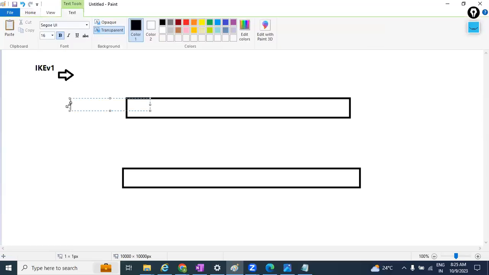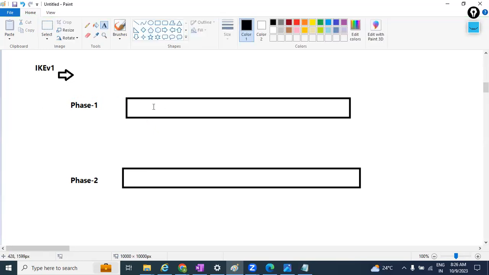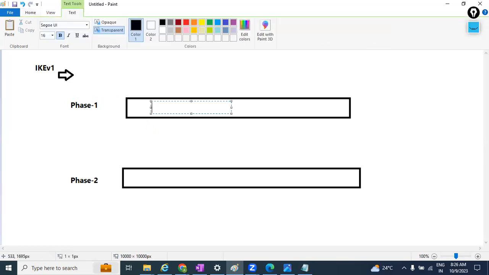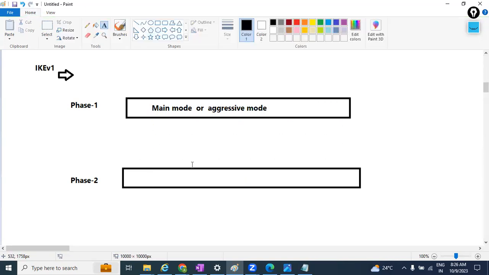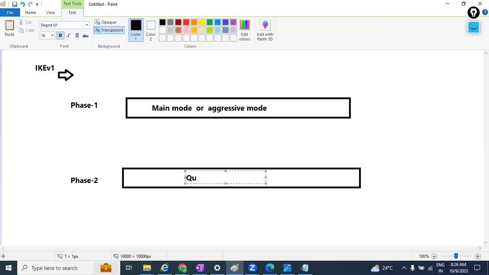This concept is known as phase 1 and this concept is known as phase 2 here. In phase 1, we have two modes: one option is main mode and the second option is aggressive mode. In phase 2, we have only one option.